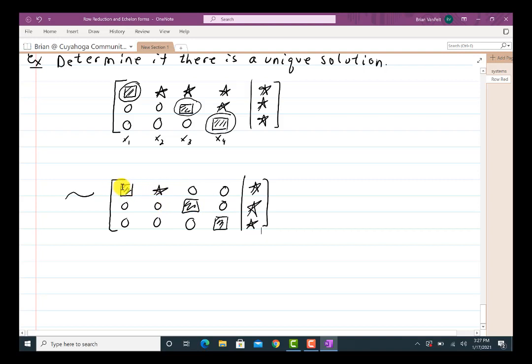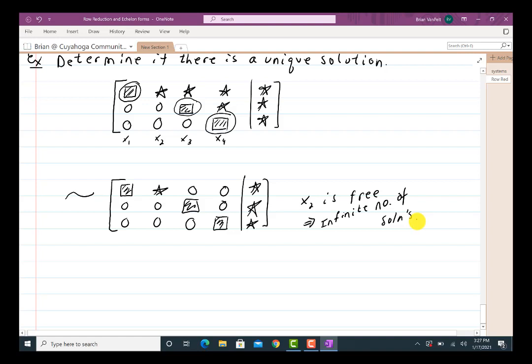In fact, in this first equation, you would see that you would get X1 plus maybe something involving X2 equals a number. That means that X2 is free. If it's free, that means there's an infinite number of solutions. So we do not have a unique solution.